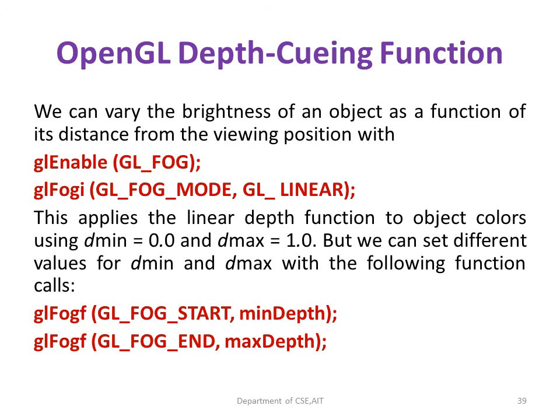Of course, the minimum range starts from 0 and the maximum is 1. If I want to set different values for the minimum and the maximum, then I can do that with glFogf, GL_FOG_START for the minimum depth. Here I can specify what my minimum value will be. glFogf can also be used for setting the maximum value.